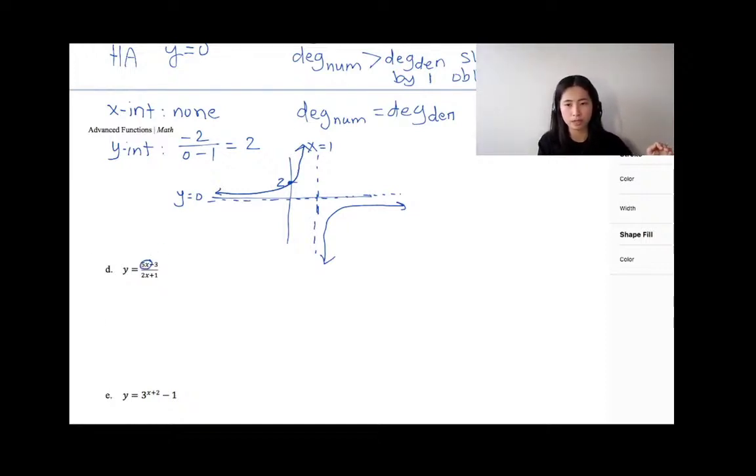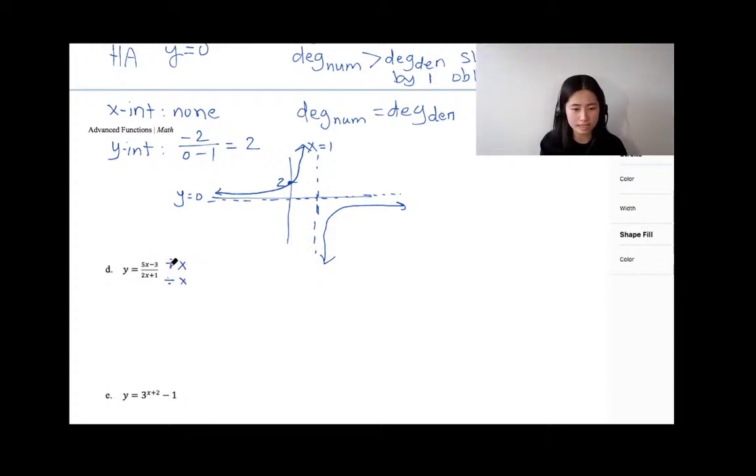And in your denominator, the highest power is 1 as well, because it's x to the power of 1. Does that make sense? So in this case, you need to divide both your numerator and your denominator by the highest power of x, which is x. It really varies. For example, if you have x squared, then you would have to divide by x squared. So make sure to divide by the highest power of x.